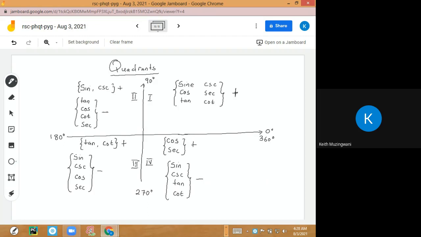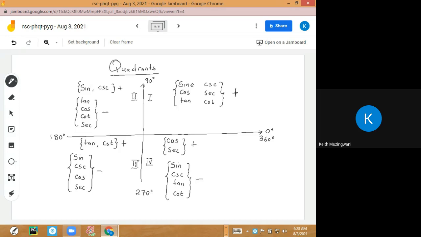So here we learn that all these trig functions, they only give us positives in two quadrants. Each has two negatives and two positives in the full circle. Sine in the first and second, meaning from 0 to 180, sine gives us positives. But if you go beyond 180 to 360, you get negatives for sine.